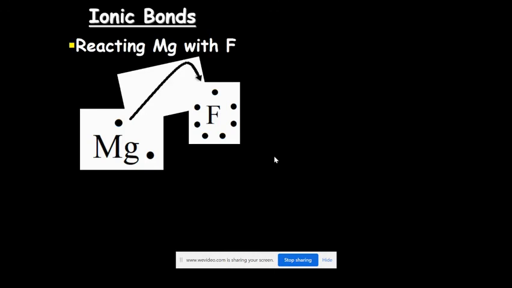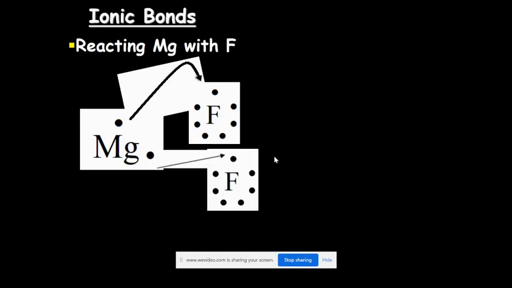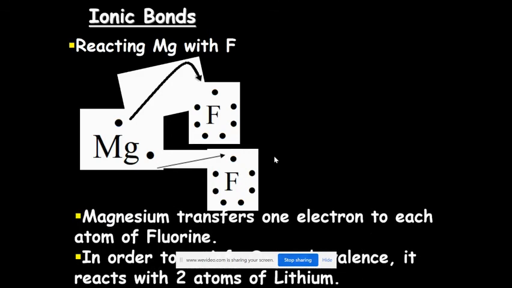What that means is that you need another fluorine atom for magnesium to react with. This is where it donates its second electron to that second atom of fluorine. Now that we reacted magnesium with 2 fluorines, every atom has a full valence shell because both fluorines have 8, and since magnesium got rid of its 2 electrons, its inner electrons now make the full valence.